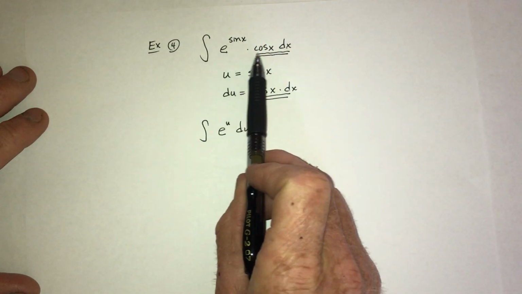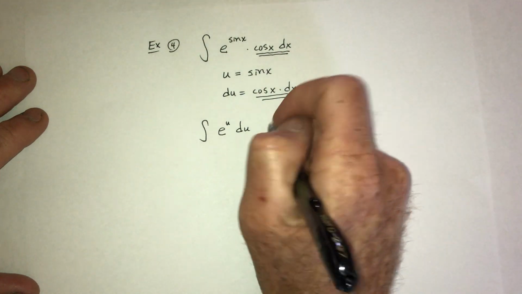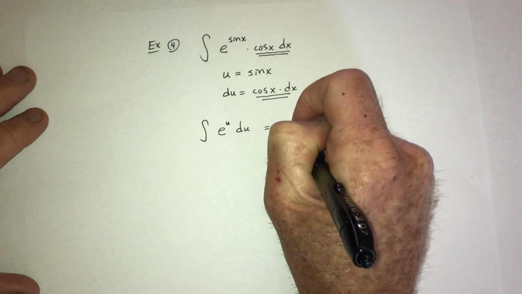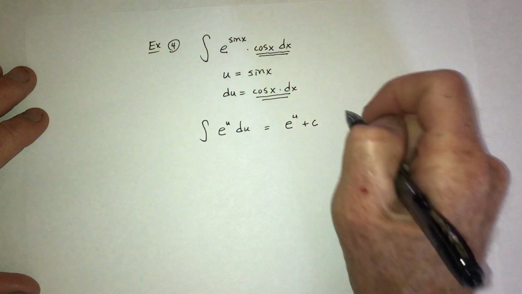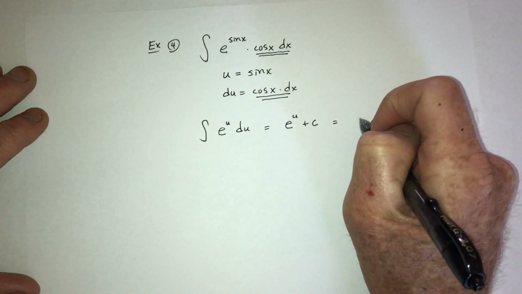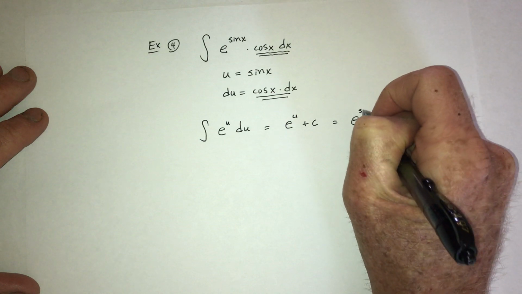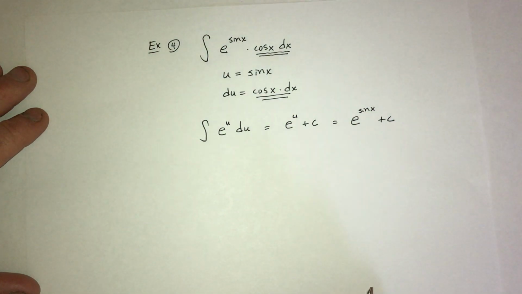So we start with a more complicated problem, and then u substitution makes it a simpler problem. And the antiderivative of e to the u is e to the u, and of course, plus c. And then finally replace the u. So it's going to be e to the sine of x, and then plus c.